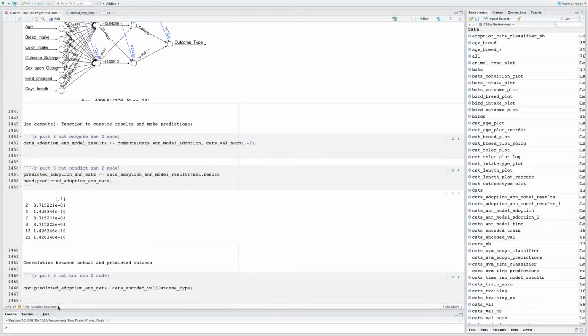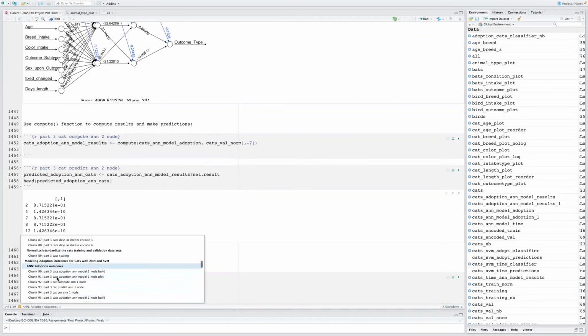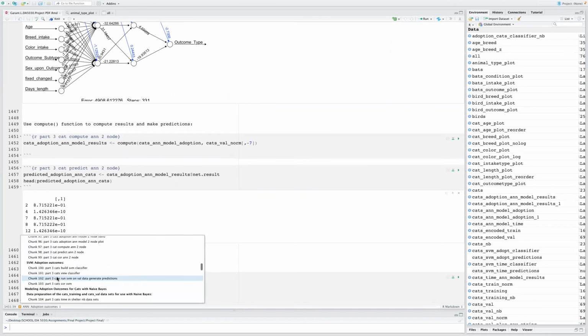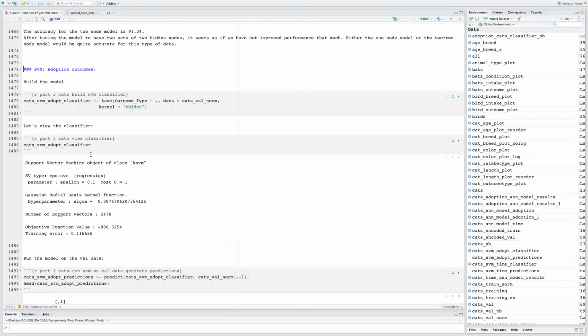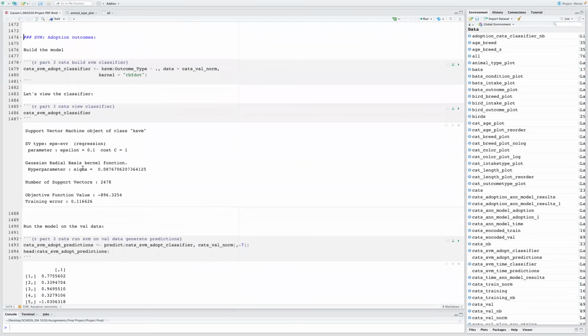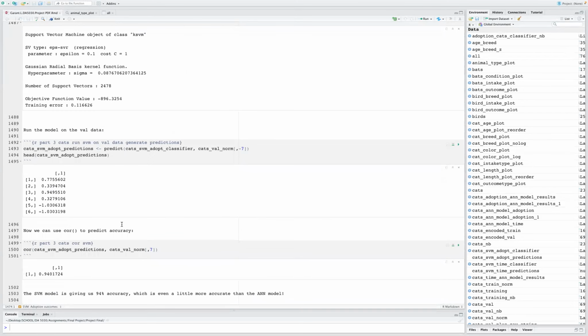And then I ran this SVM. I had split the data into a training set and a validation set, and I used the validation data to figure out the accuracy of the model.